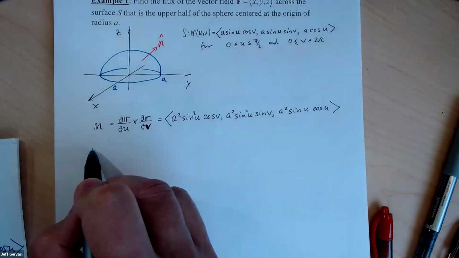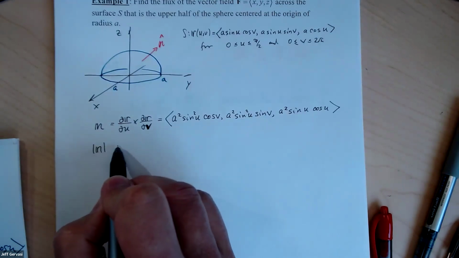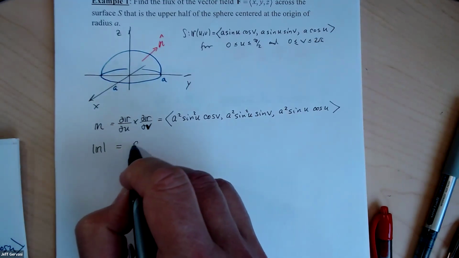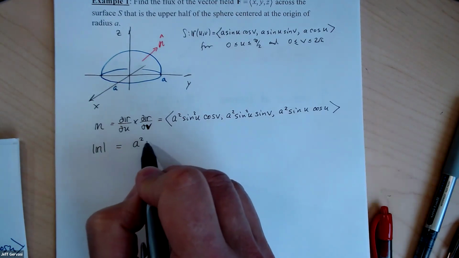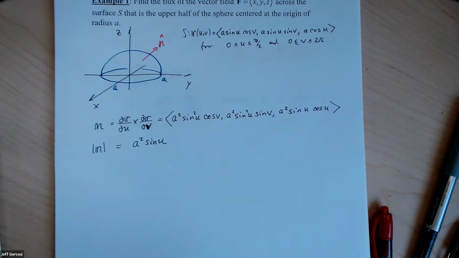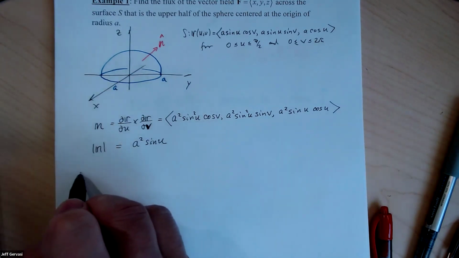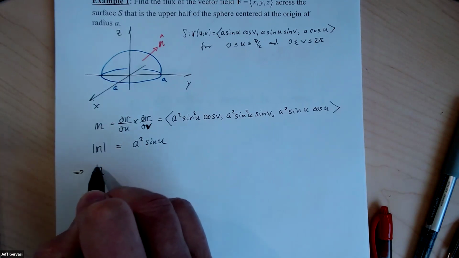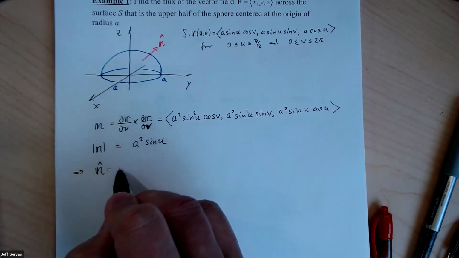Now calculate the magnitude of that, and again, I'll leave it to you to verify the details. The magnitude of this is the radius squared times the sine of u.